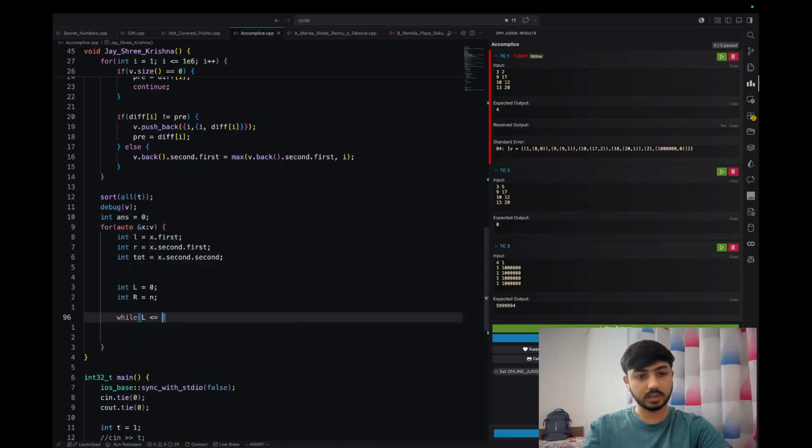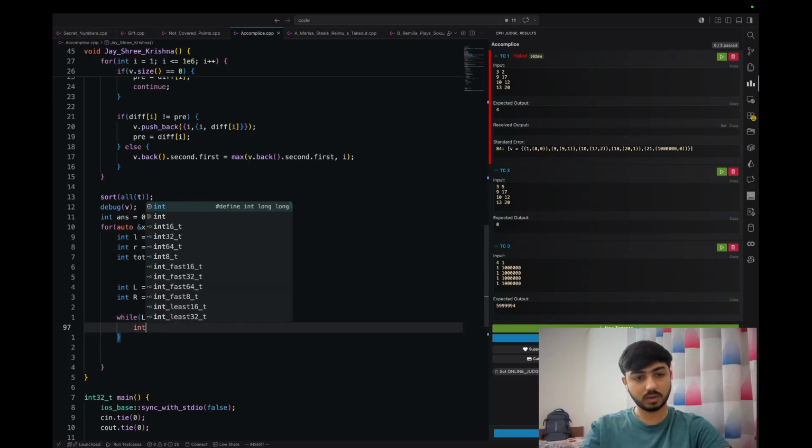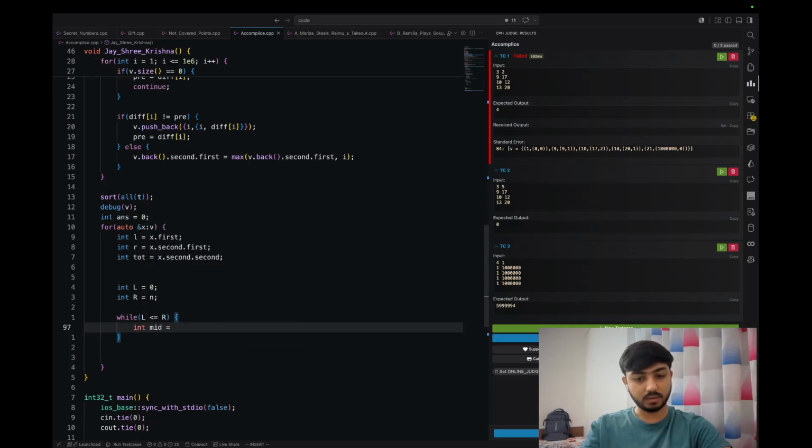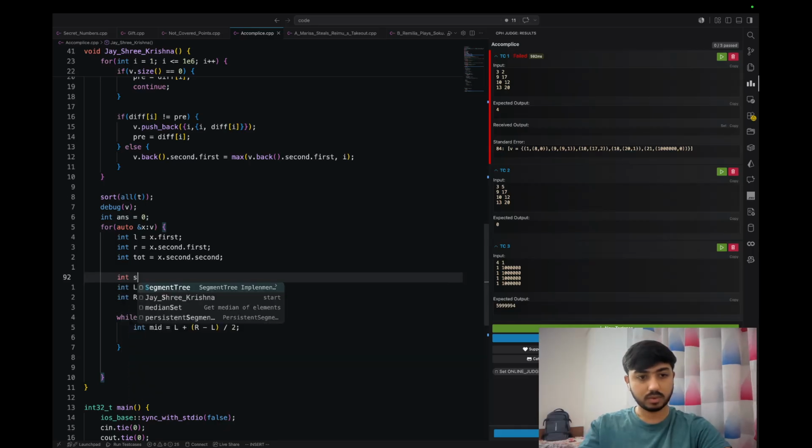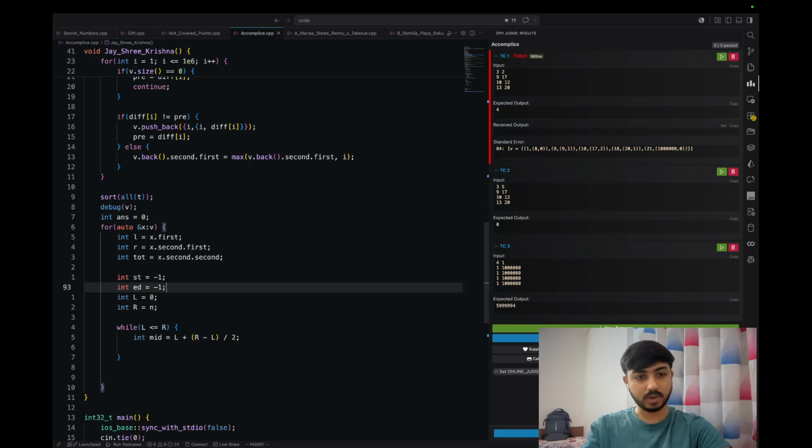While L is less than or equal to R, mid is equal to L plus (R minus L) by 2. Start is equal to minus 1, end is equal to minus 1.